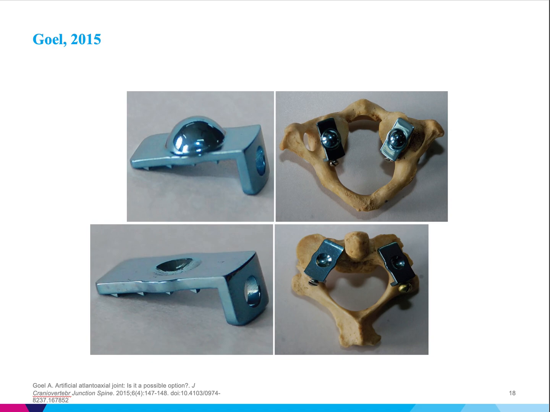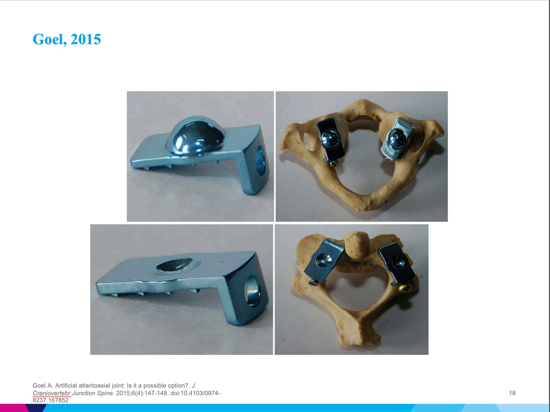In 2015, Dr. Goel wrote an article about designing an artificial C1-C2 joint, and in his approximation, he looked at a posterior approach, which again is more familiar to spine surgeons, and looking at rethinking the articulating surface.